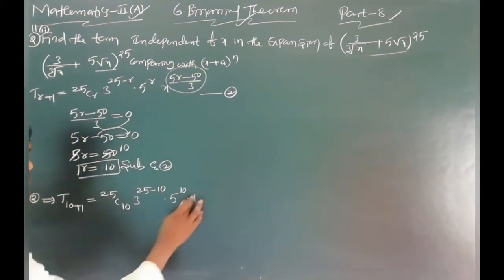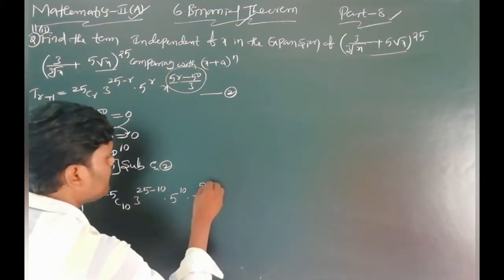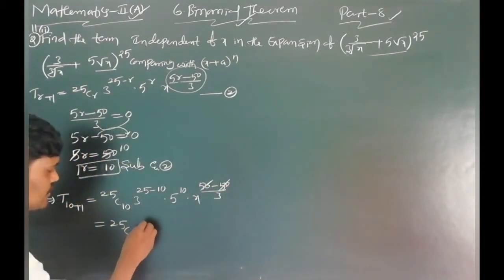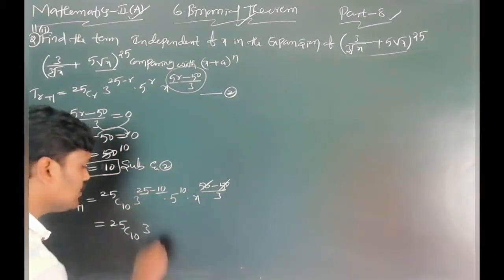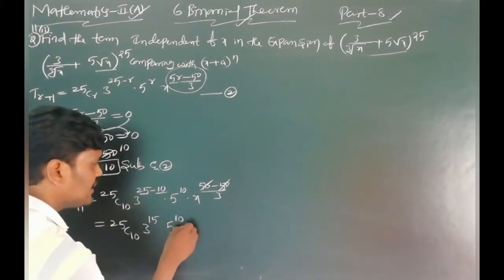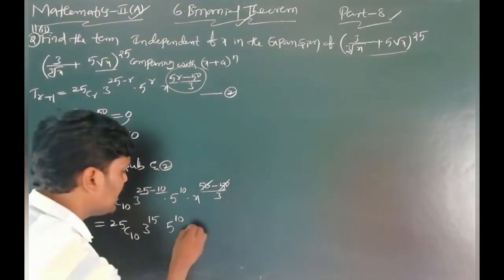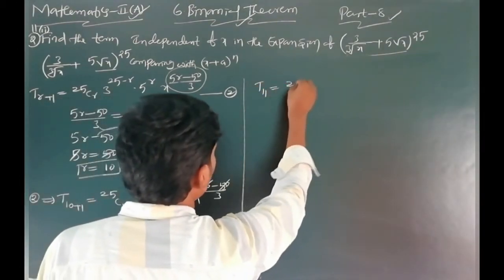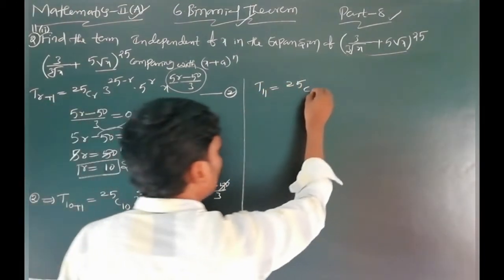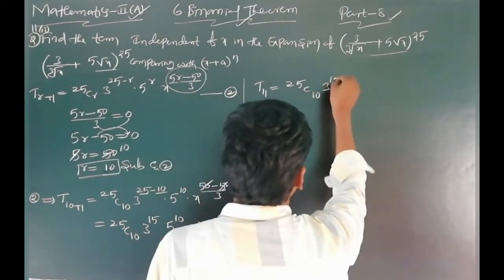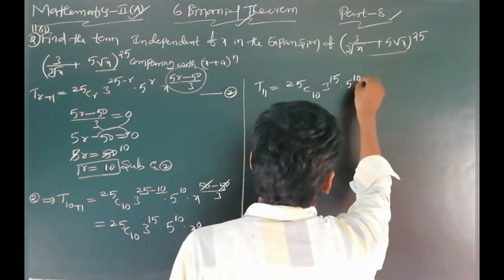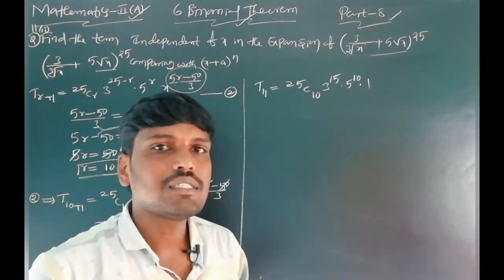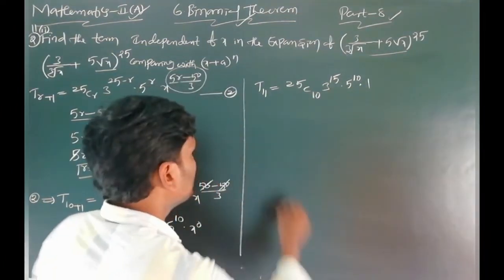After that, you can write x power (50 minus 50) by 3. The 50 and 50 get cancelled. Here 25C10, 3 power 25 minus 10 is 15, 5 power 10 into x power 0. x power 0 value is 1. You get T11 equal to 25C10, 3 power 15 into 5 power 10 into 1. This is a constant term, also called the independent term.